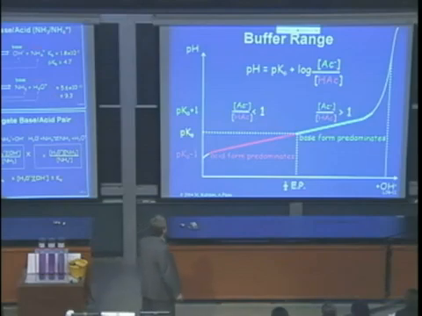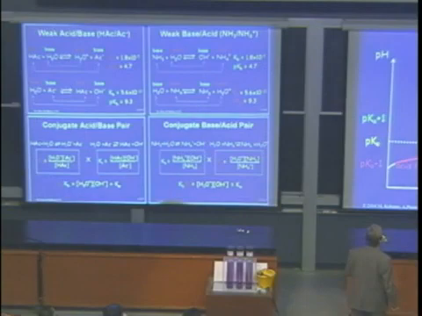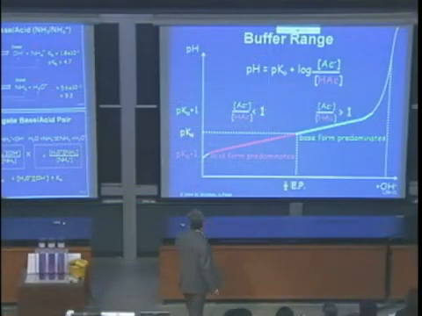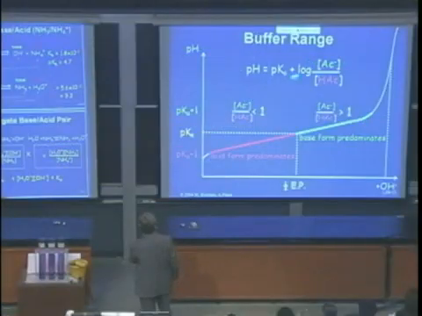So if you want, for example, a buffer that is around pH, let's say, pH 4.7, okay? We want a buffer in the region of 4.7. You take a 0.1 molar acetate solution.